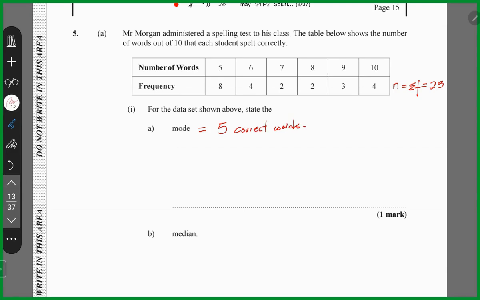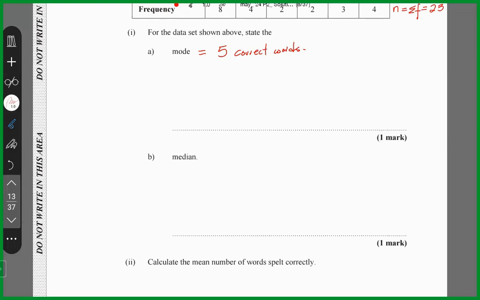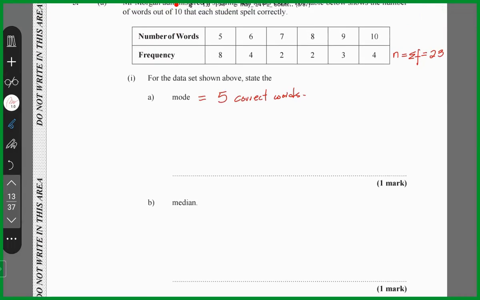The median. Now, once you're dealing with ungrouped data and you have to find the median, it is the value number (n plus 1) over 2.